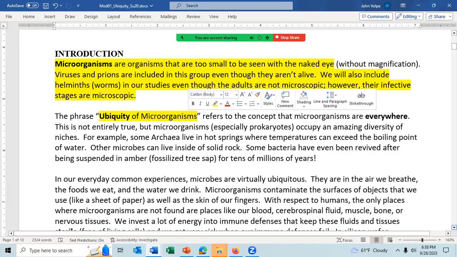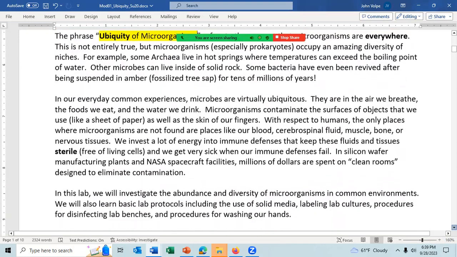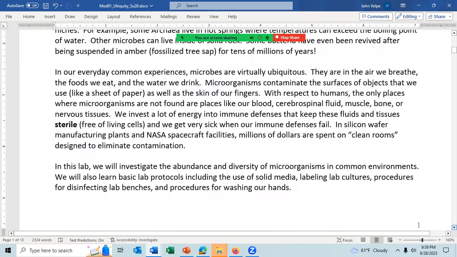In our everyday common experiences, microbes are virtually ubiquitous. They're in the air, they're on the food we eat, they're in the water we drink. They contaminate surfaces everywhere, as well as the skin of our fingers.